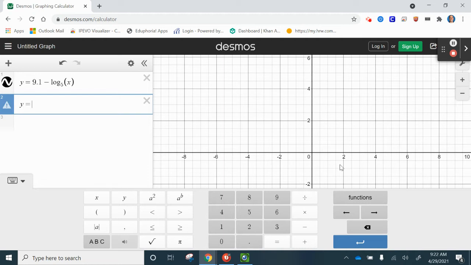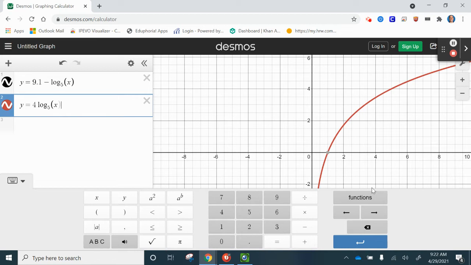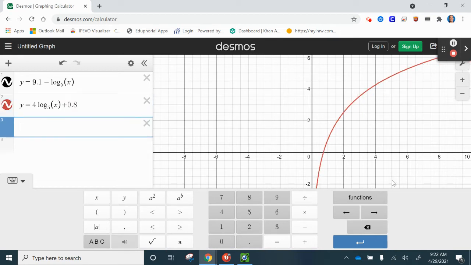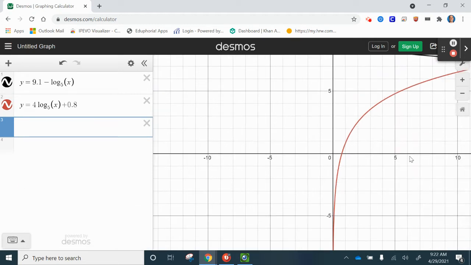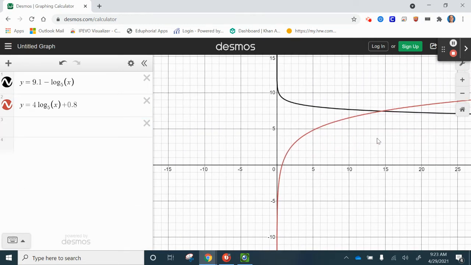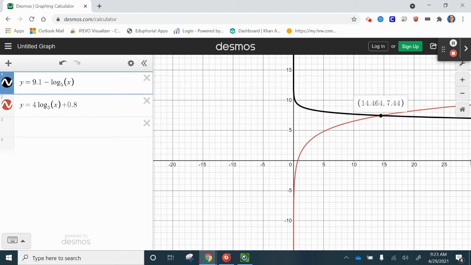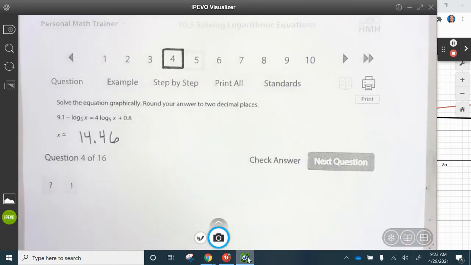Okay, and then y equals 4 times log base 5 of x plus 0.8. And then we're going to zoom out. We have our point of intersection right there. So 2 decimal places, that'd be 14.46. All right, there's question 4.